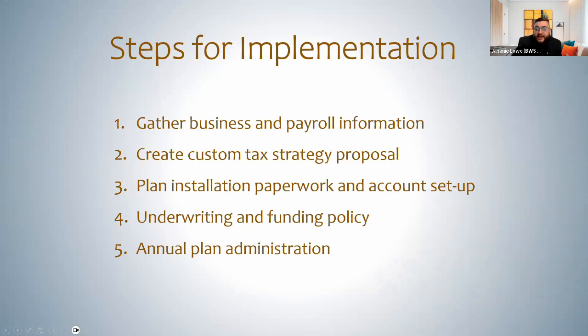They would be coming up with a custom tax strategy based on the needs for the business owner. Once that was done, the business owner would have a chance to look over the proposal, decide it's right for them, decide how much funding they would want to do, give us the approval. The actuaries then go out and get the plan installation paperwork. They go out and file for everything.